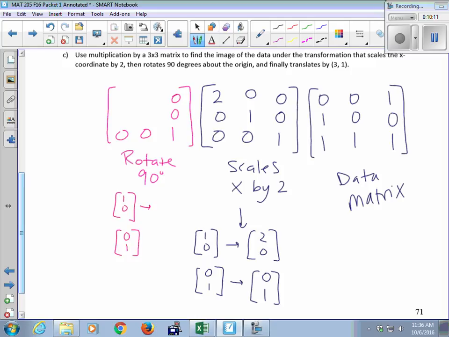All right, if you rotate 90 degrees about the origin, 1, 0 goes to where? 0, 1. And where does 0, 1 go? So 0, 1 would be on the y-axis, rotate 90 degrees. Where is it going to land? Nope. Negative 1, 0. Yep.